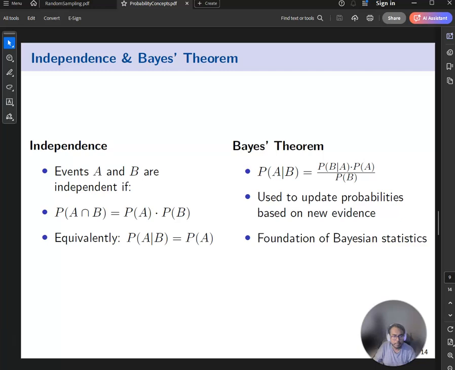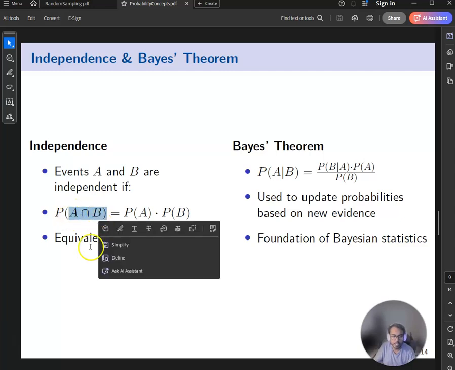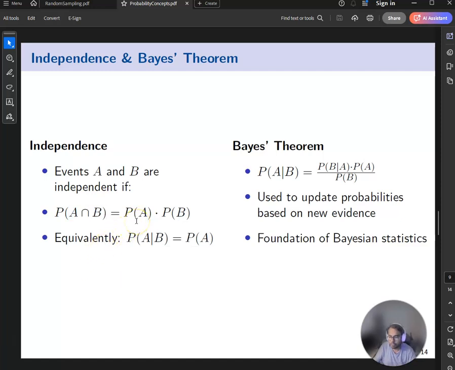If the events are independent, we define events A and B to be independent if the probability of them occurring together, which is A intersection B, is just the product of their individual probabilities. So if P of A intersection B equals P of A times P of B, then we can say that the events A and B are independent.